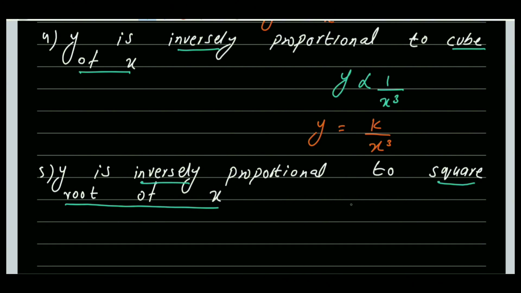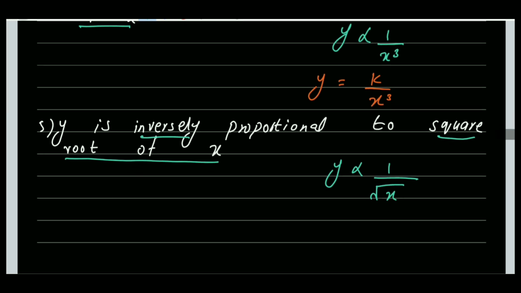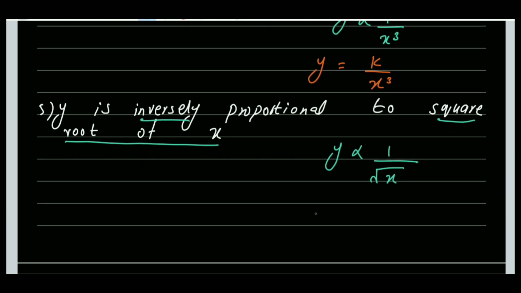In the form of proportionality, y is inversely proportional, which means we will write that term in the denominator: 1 over square root of x. And in the form of equation, y is equal to k over under root x.